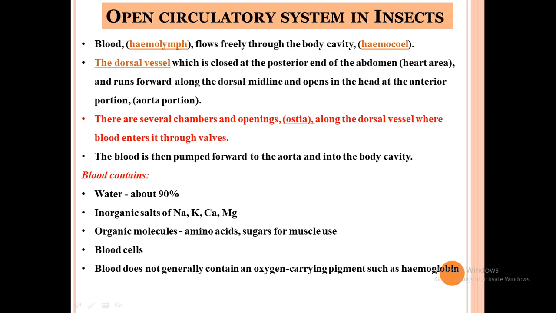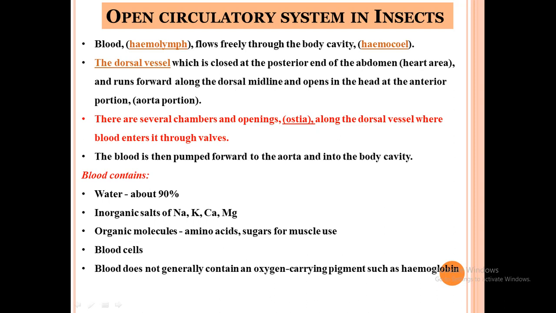Normally the pH of blood is slightly acidic, around 6, and blood contains about 90% water and inorganic salts like sodium, potassium, calcium and magnesium.